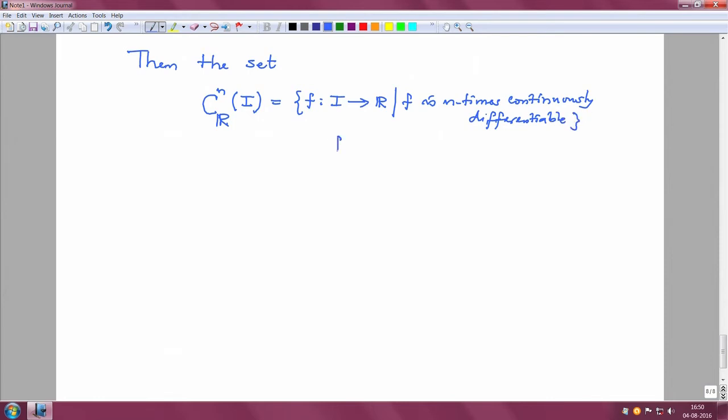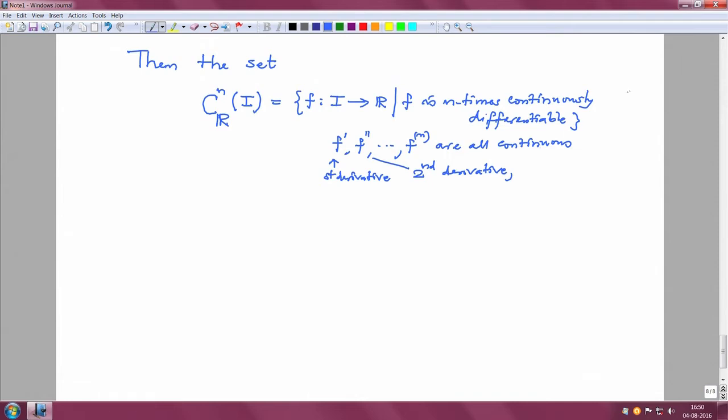That means f prime exists and it is continuous, f double prime exists and it is continuous. This happens till n. f^(n) are all continuous functions. And these are the derivatives. This is the first derivative. This is second. And so on.